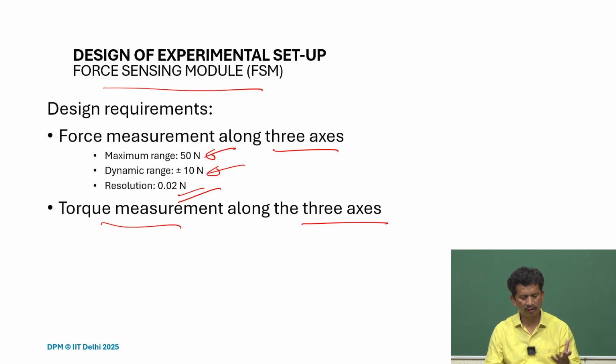In fact we want to measure all the 6 components, so 3 translation, so along the translation direction, the forces, and along the rotation direction, if we constrain, we get the torques. So 3 torque values.